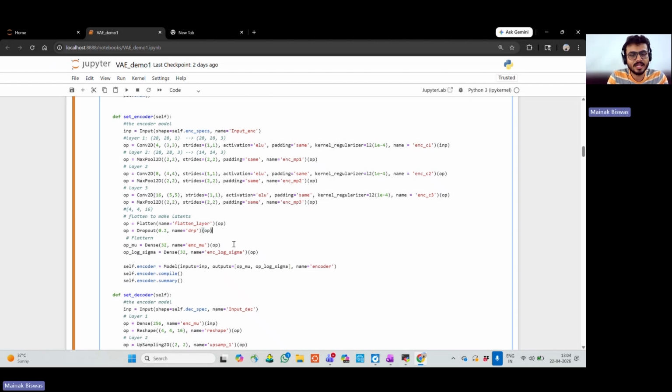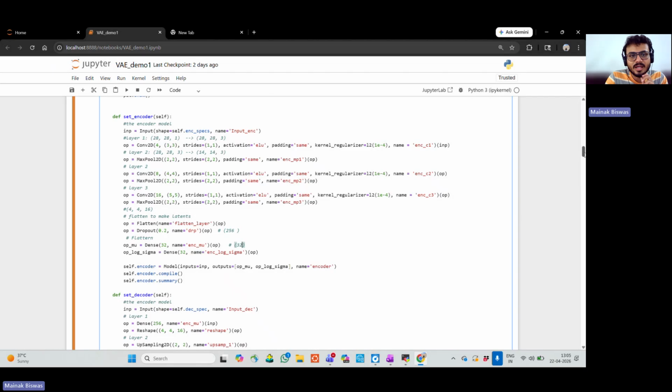I'll flatten them to get a 256 dimensional vector, pass it through a dense layer, and get 32 dimensions. So I've reduced the 784 dimensional MNIST data to a 32 dimensional latent of mu and sigma.